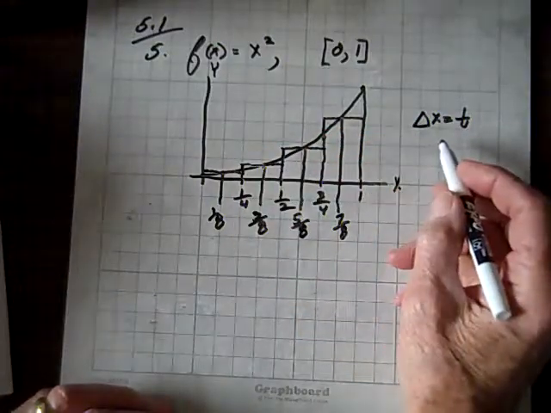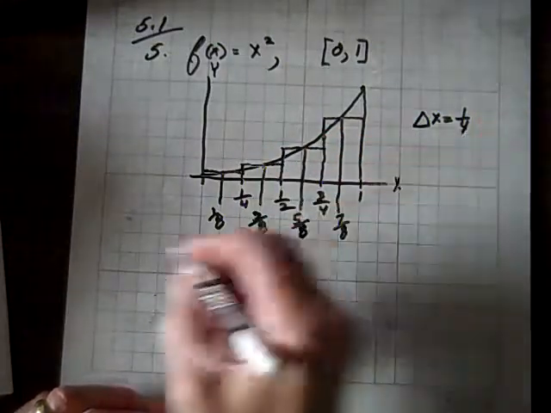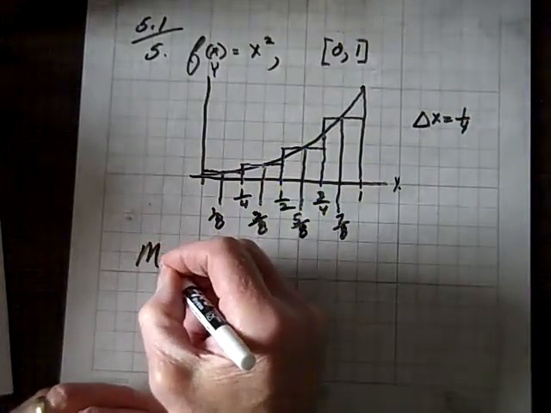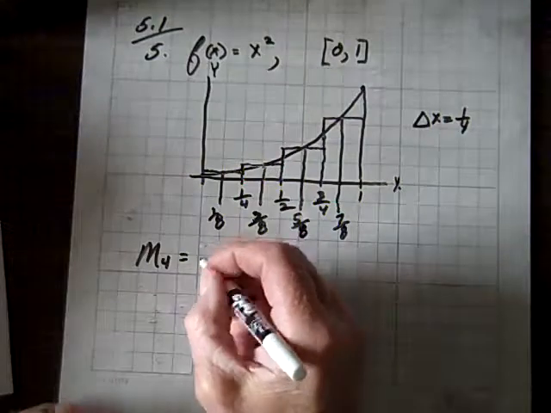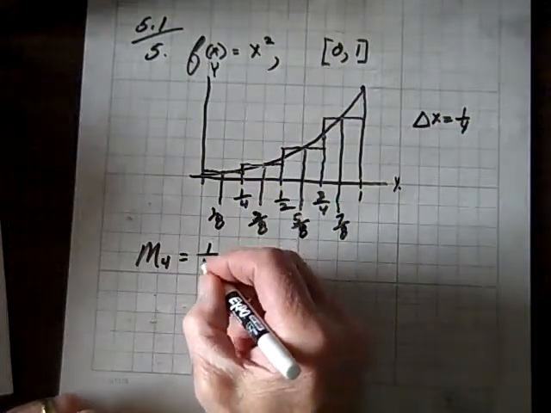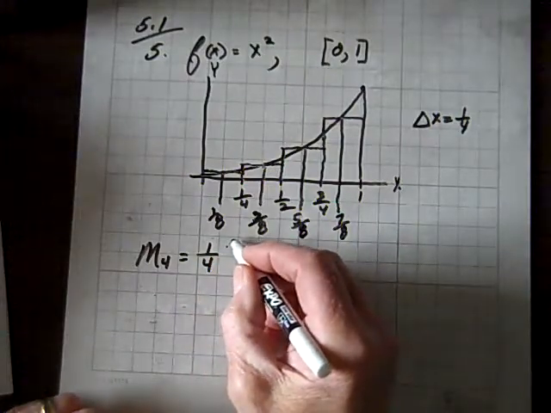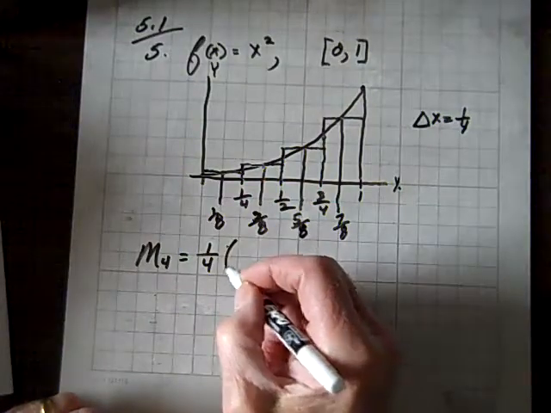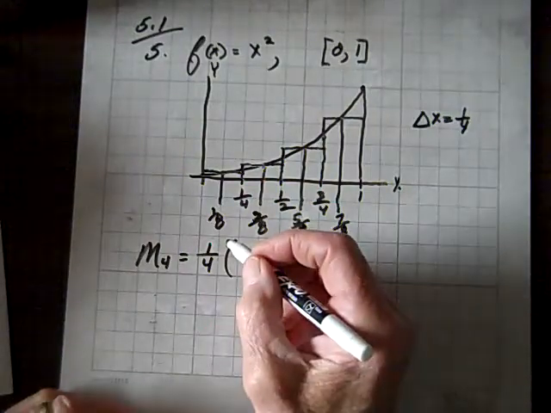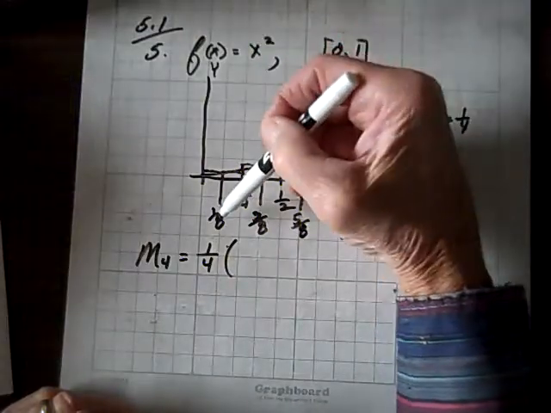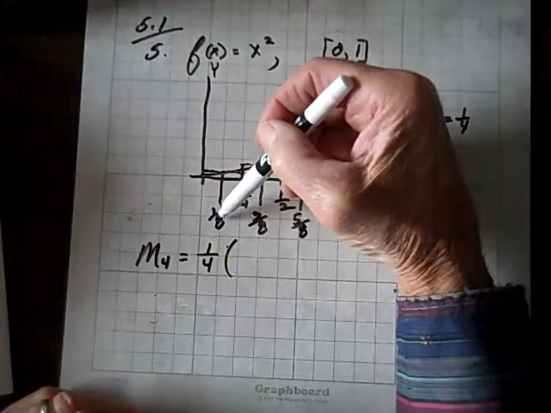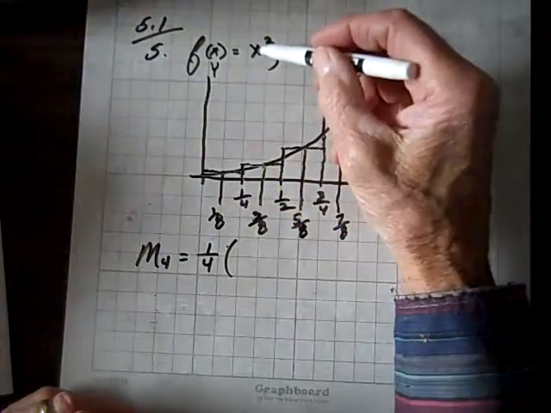The width of each rectangle is 1/4. So M sub 4, the area under the curve approximated using the midpoint with 4 subintervals, is going to equal 1/4, the width of each, times the height of each. And the height is whatever the midpoint value is squared.